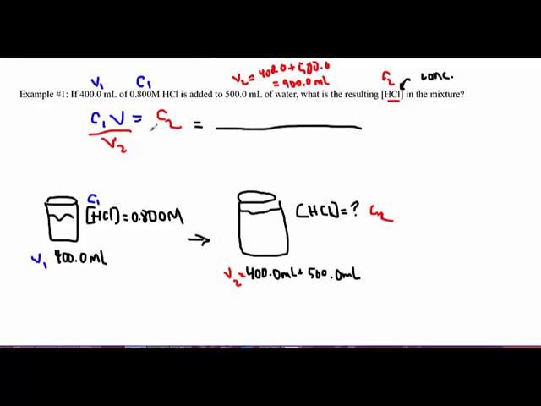So C1 is equal to 0.800 moles per liter. Keep my units in my calculation. And I'm going to multiply that by V1. And notice something here. You can save yourself some trouble. You do not have to change your volumes to liters. Generally, when we're trying to find concentration in moles per liter, we always need to make sure our volume is in liters.